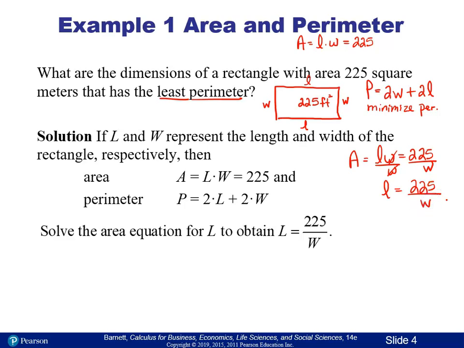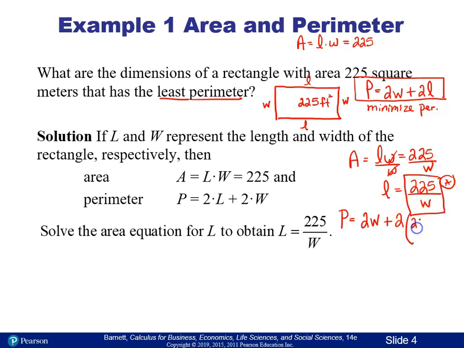So what that does is it allows us to take this and substitute back into the equation of the quantity that we want to minimize, and then we'll be able to proceed from there. So my perimeter is going to be 2W plus 2, and in place of this length, I'm going to substitute what I just found the length to be.